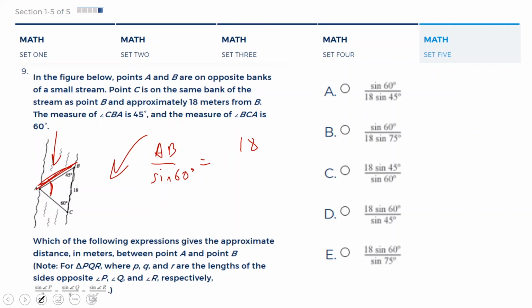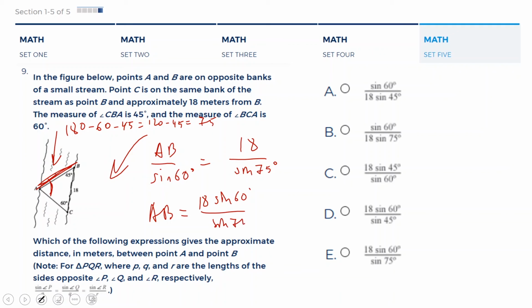But this angle is 180 minus 60 minus 45. So it's 120 minus 45, that is equal to 75. So over sine 75 degrees. So AB equals 18 sine 60 degrees over sine 75 degrees. Do we have this answer? 18 sine, E. Next. Nice.